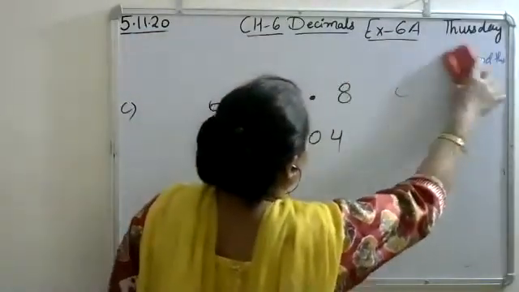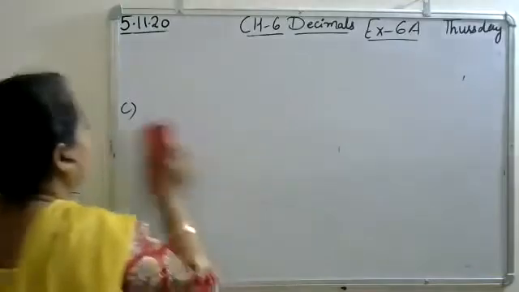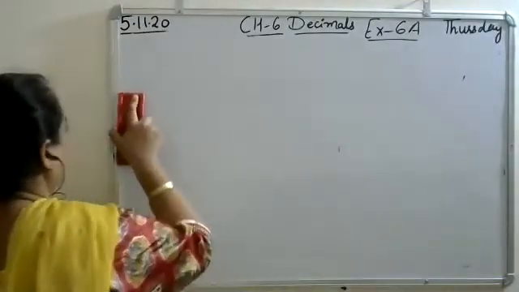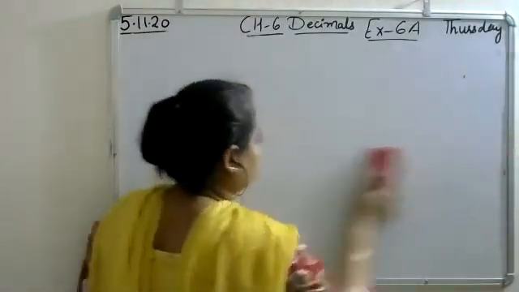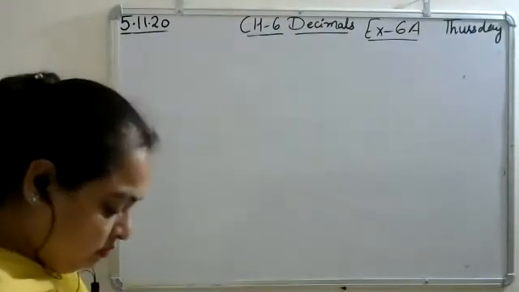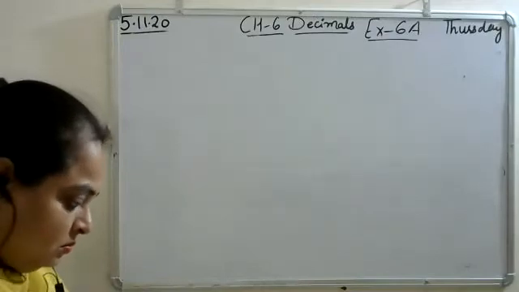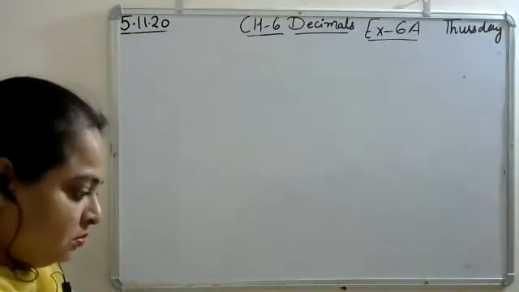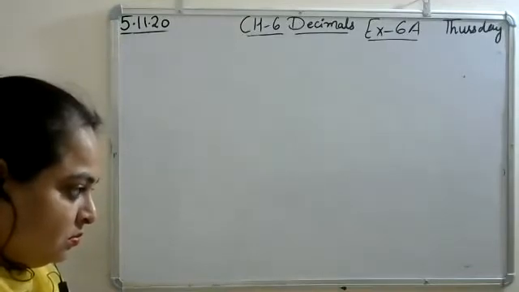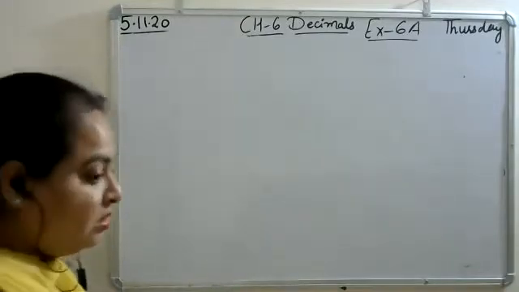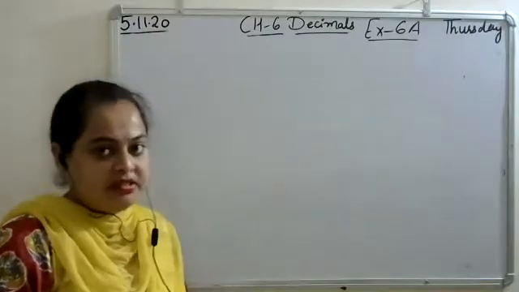Yes, Bhavya, tell me. Tell me what are like decimals. Two or more decimal fractions are called like decimals if they have equal numbers of decimal places. Now tell me what does it mean? If they have equal number of decimal places.